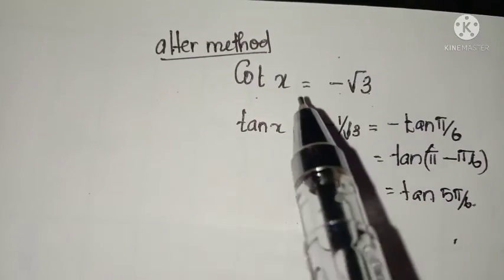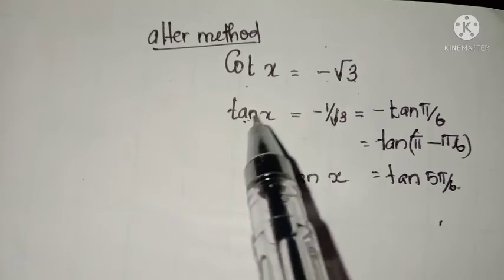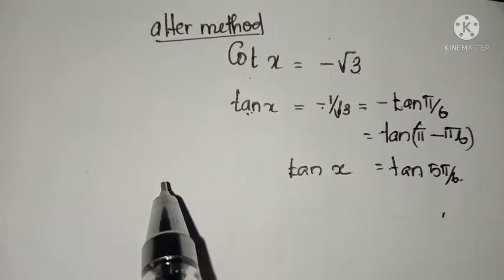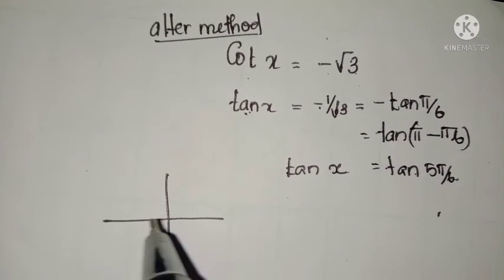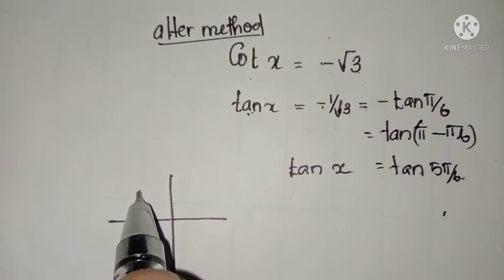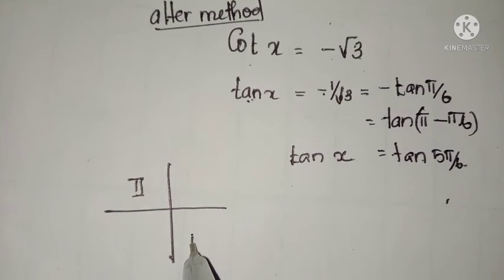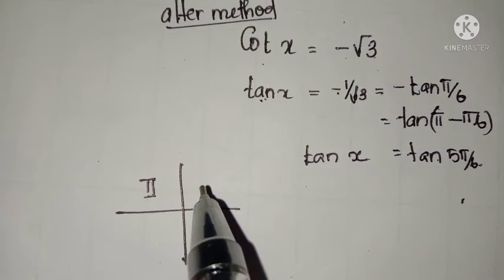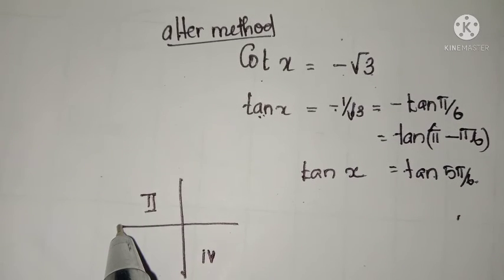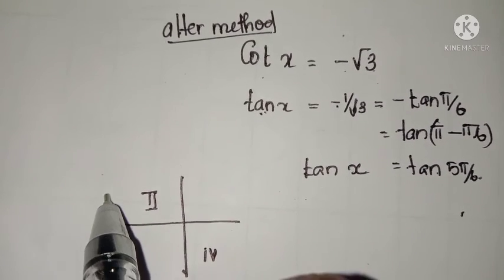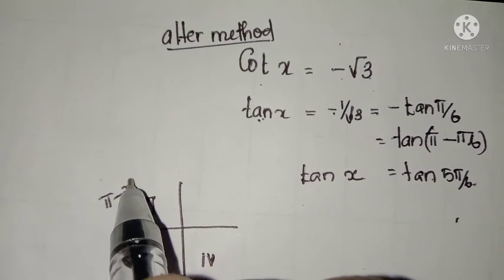Now listen children, in the given question tan or cot is a negative number. So tan and cot are negative in second quadrant and in fourth quadrant. Okay. So second quadrant means all the angles of the form pi minus x.